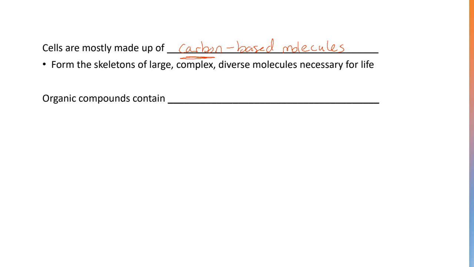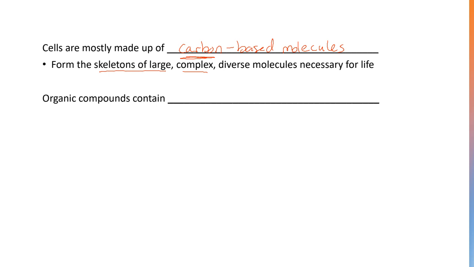Why carbon, we'll talk about in a second, but carbon can make really cool skeletons or really different shapes. They can have different shapes, different foundations. They can be very complex. Carbon is going to be a very versatile kind of atom.